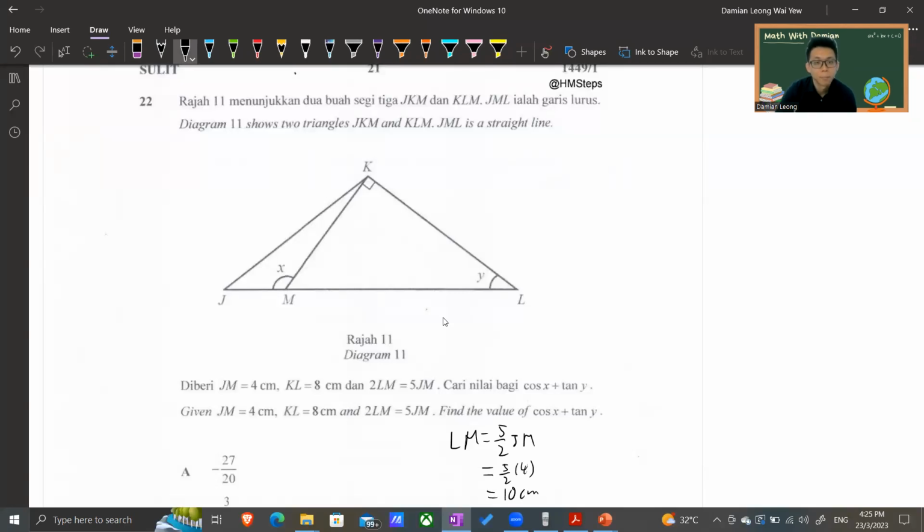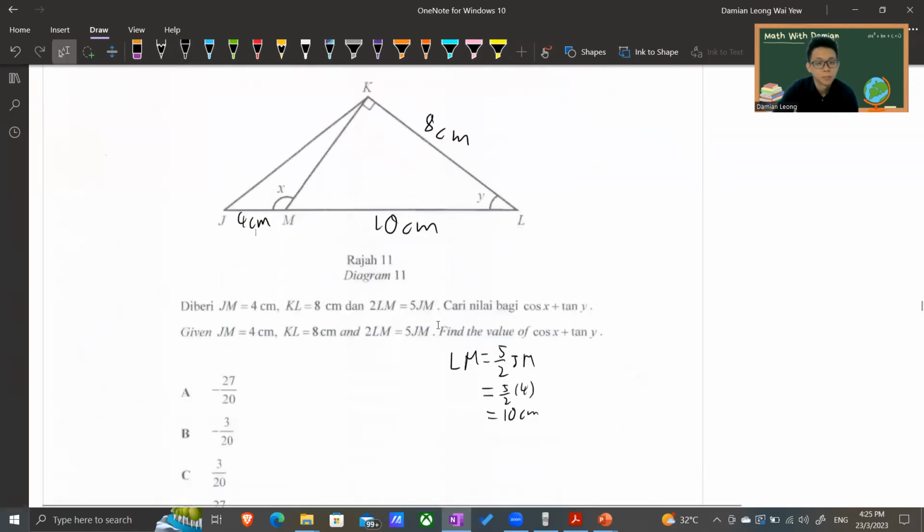LM is 10 cm. Yeah. KL here 8 cm. JM here 4 cm. I want to find cos x plus tangent y. Cos x, I refer to this. Yeah. Is the angle in quadrant 1. It's basically like that.